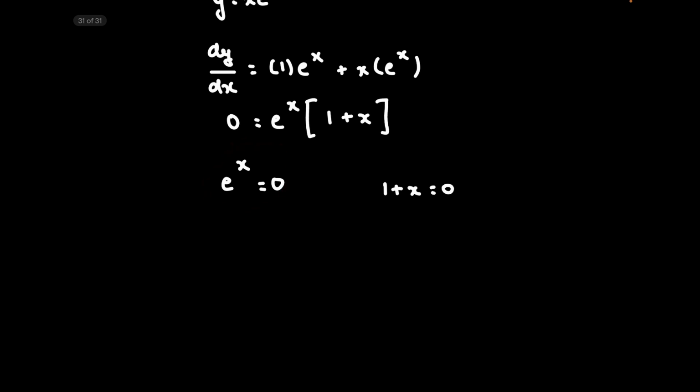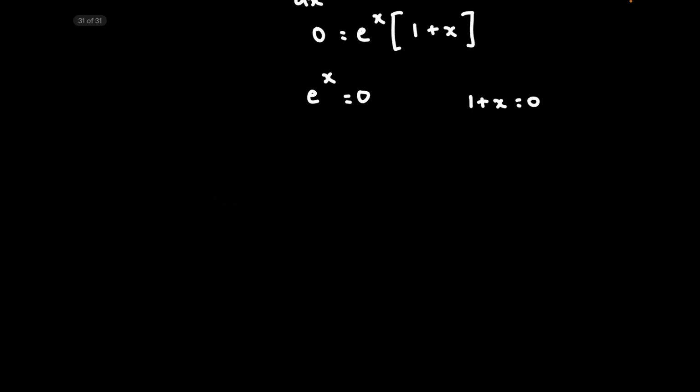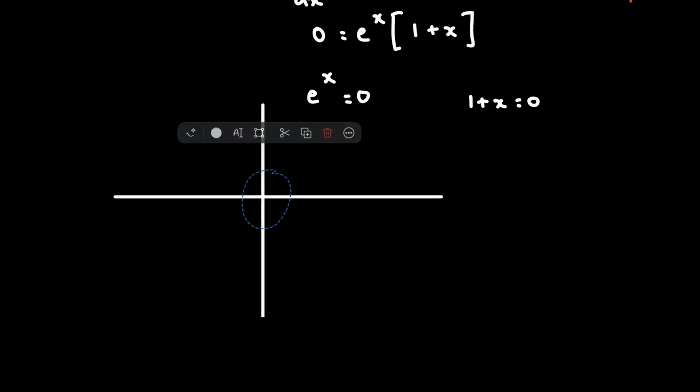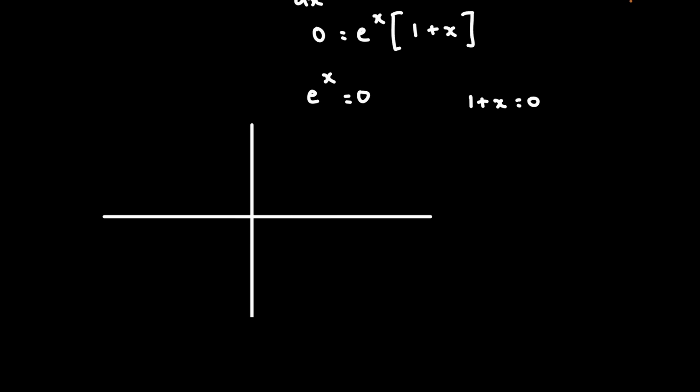In looking at this, there will be no real solutions for which e to the power of x equals 0. Because if we have a look at the sketch of e to the power of x, or any exponential function for that matter, we can recognize that there will be a horizontal asymptote at the line y equals 0, and there will be an intersection at the point 0, 1.